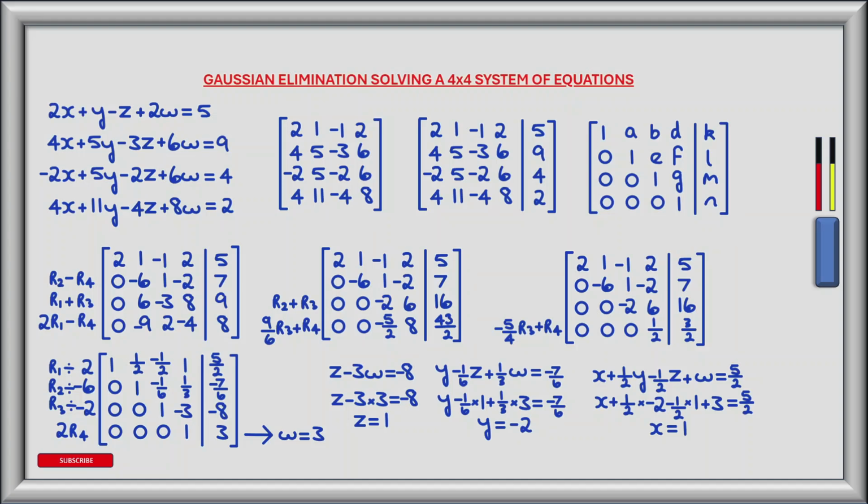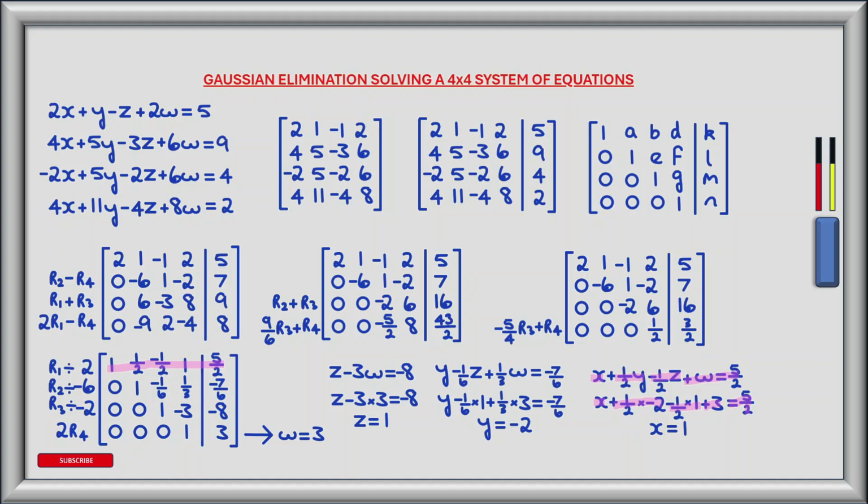And now if we look at row 1, so that's this row here, it gives x plus a half multiplied by y minus a half multiplied by z plus w is equal to 5 over 2. So if we back substitute for y, z and w, we have x plus a half multiplied by minus 2 minus a half multiplied by 1 plus 3 is equal to 5 over 2.